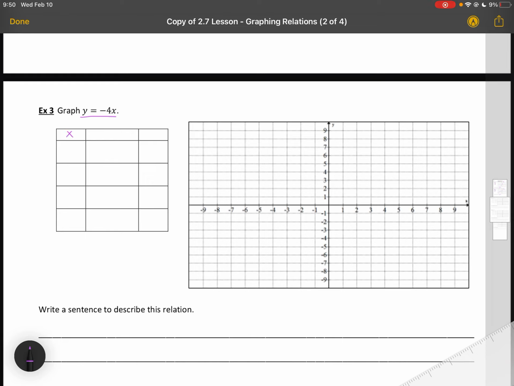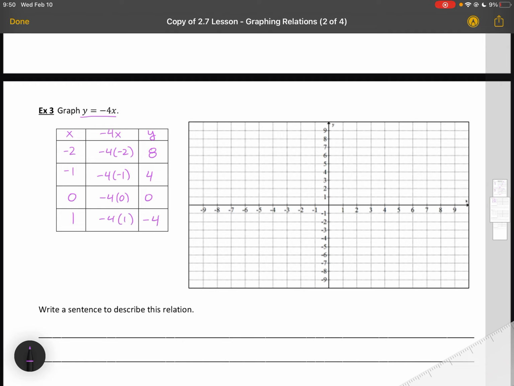So x, this is what I'm doing to x, and then my final column is what I'm going to get for y. So I'm going to choose -2, -1, 0, and 1. And then I'm going to substitute in my x value and evaluate. Same thing for -1. Got 4. Same thing for 0.